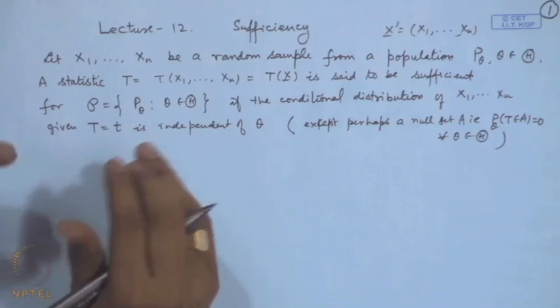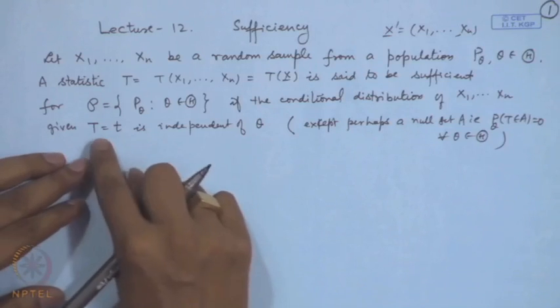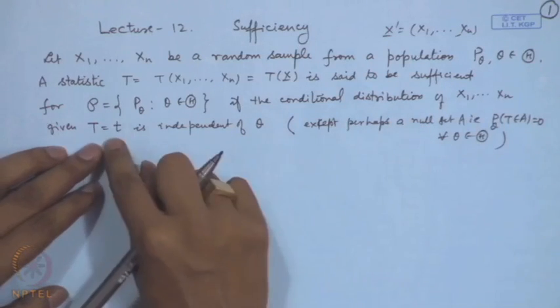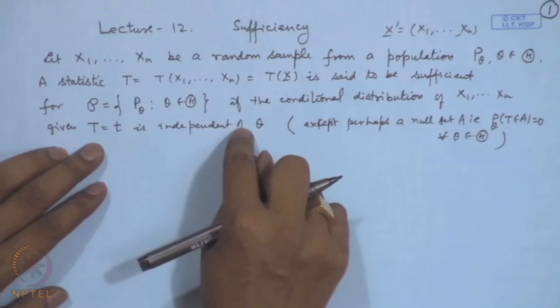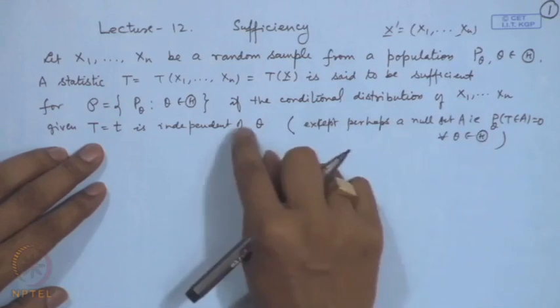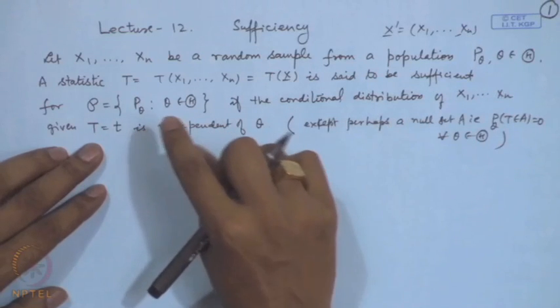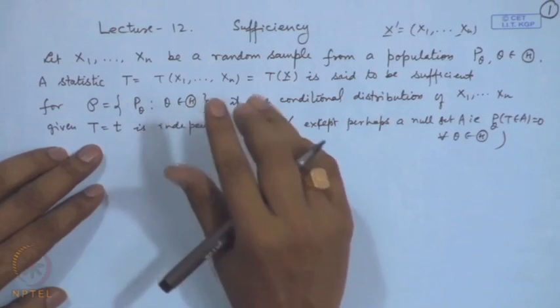Now, what is the physical interpretation of this definition, that the distribution of x 1, x 2, x n given t is free from theta, and then we say it is sufficient? What does it mean? It means that the distribution of x 1, x 2, x n given t is completely known. So, suppose we know t, we know the distribution of t.